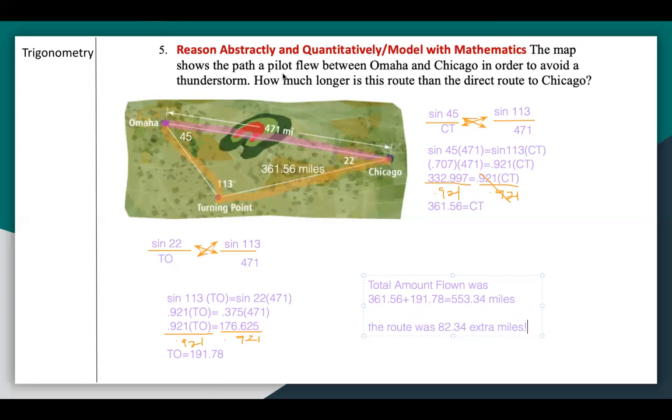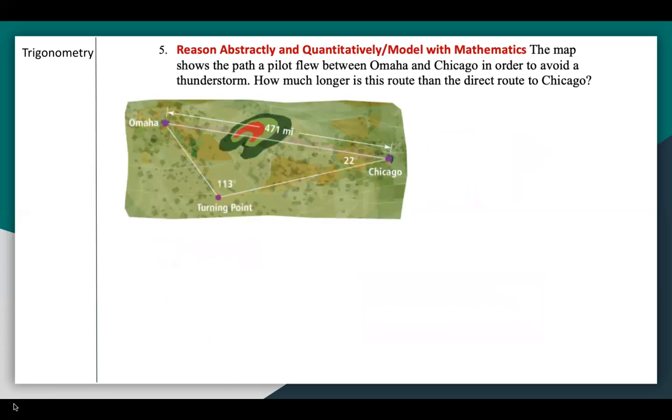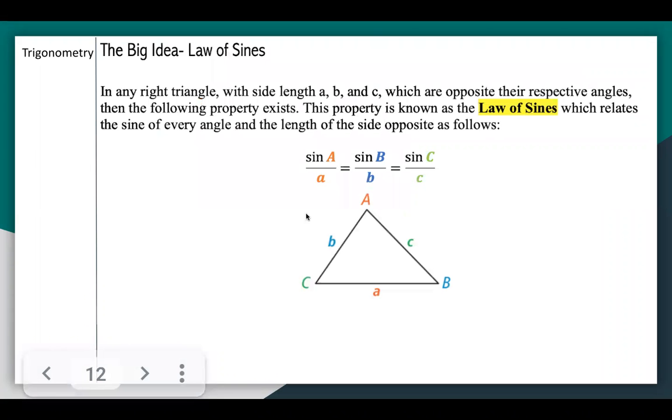And again, I'm going to erase this, so if someone still needs it, please hit pause. What the law of sines states, just going over it one more time, is that the sine of an angle divided by its opposite side is equal to the sine of another angle of the triangle divided by its opposite side.